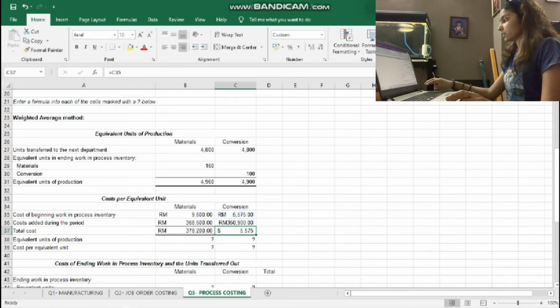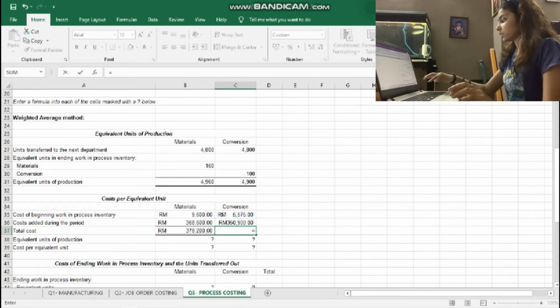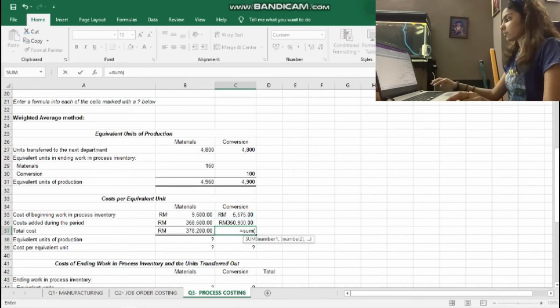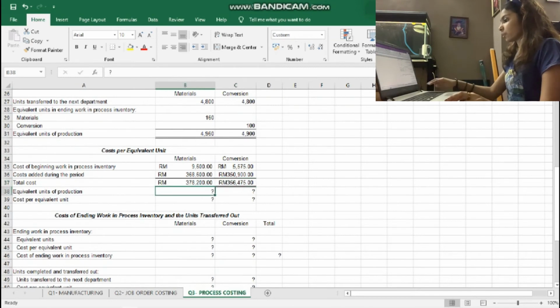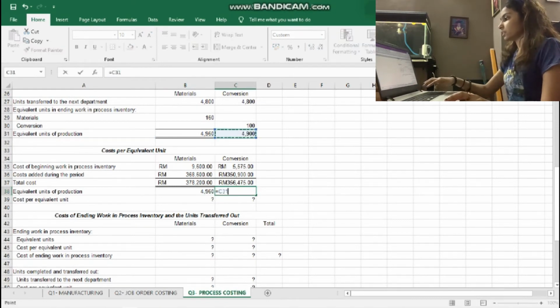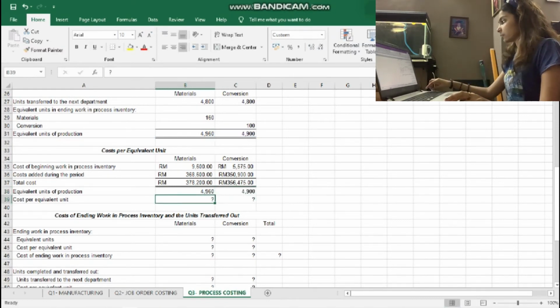Equals sum in bracket. Okay, we'll get 356,475. For equivalent units of production, 4,960, we can take from above here. And for conversion is 4,900.